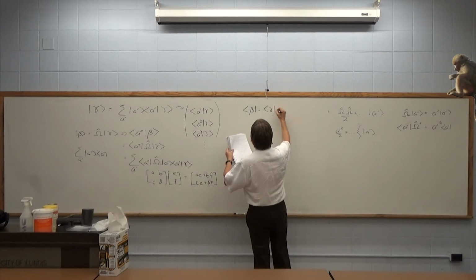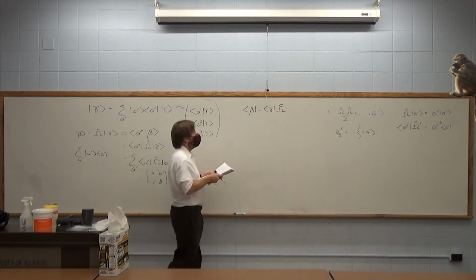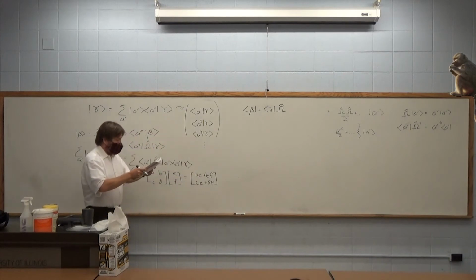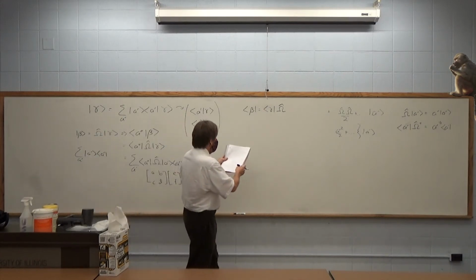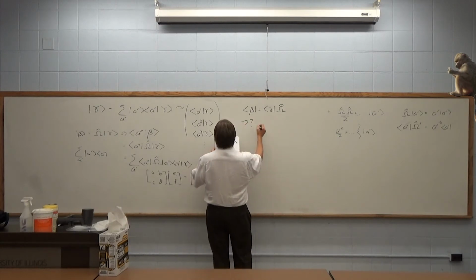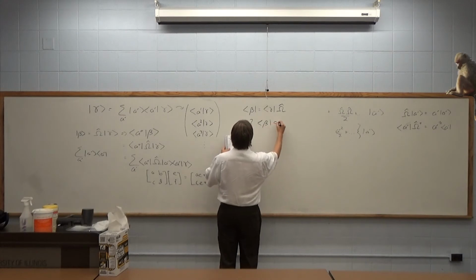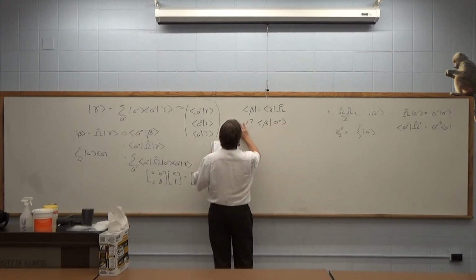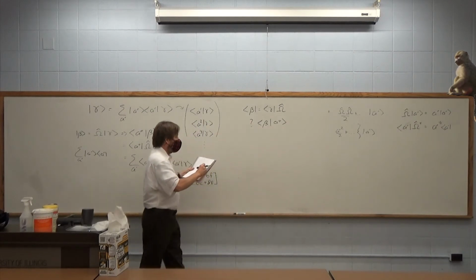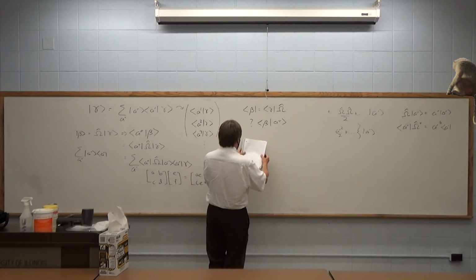I had my state, but now it's on the other side. So the question is, what happens when I ask for the inner product of that state with a known element of my basis set?